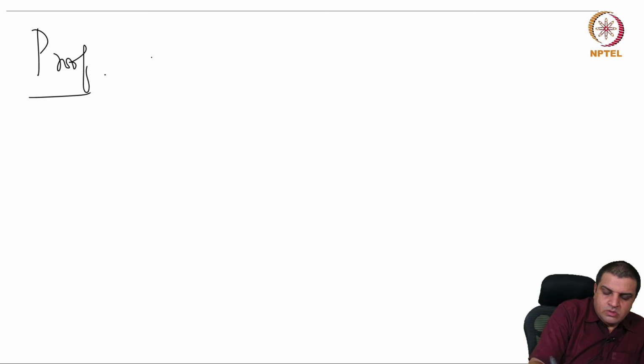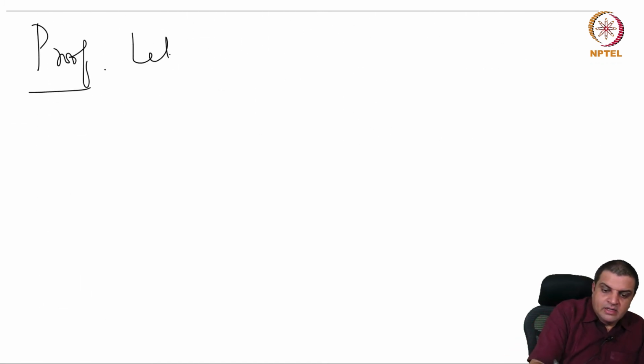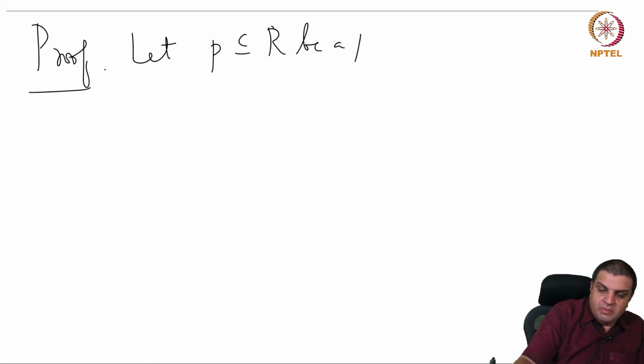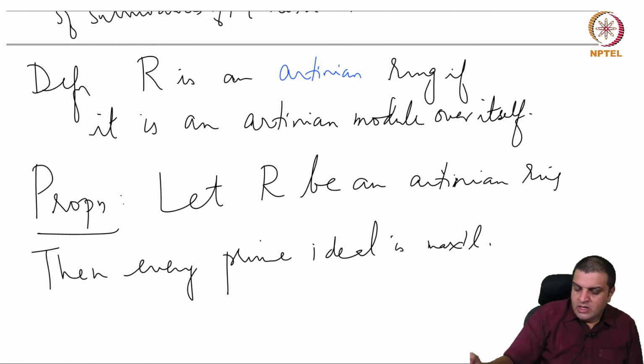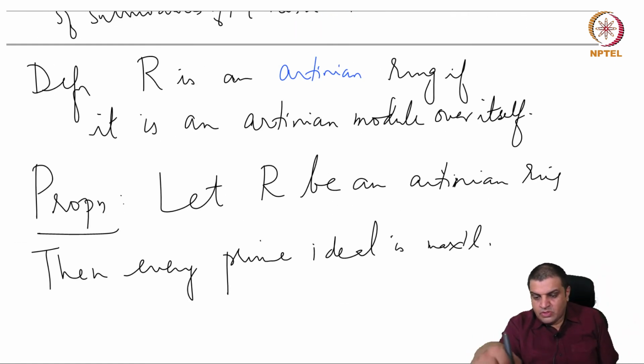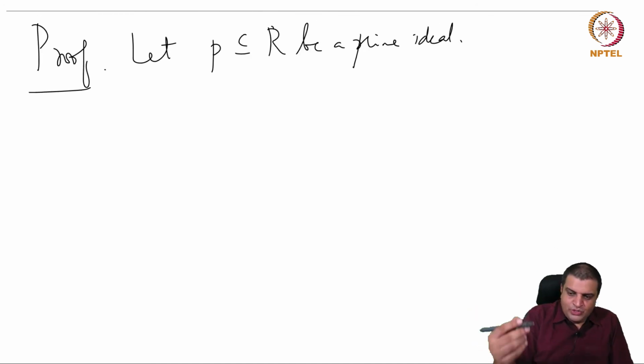Let P inside R be a prime ideal. Then let's consider R mod P. If R is Artinian, then the descending chain condition will also hold for R mod P. A descending chain of ideals in R mod P lifts to a descending chain of ideals in R, and if that stabilizes, it will stabilize inside R mod P also, or any quotient for that matter.